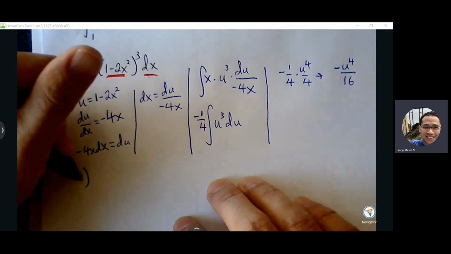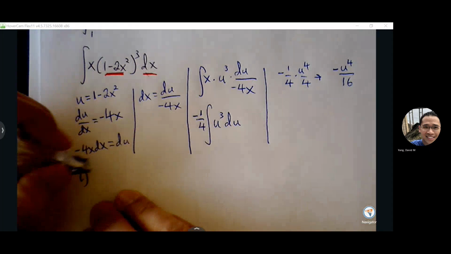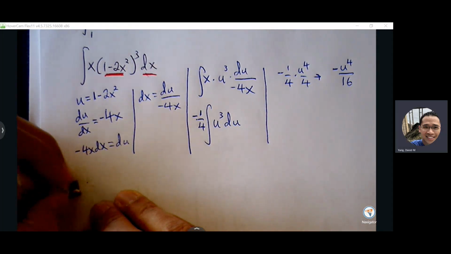The first method, so call this method 1. I think most students prefer this.